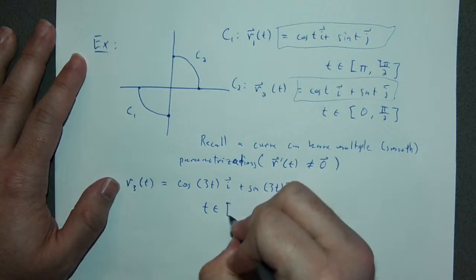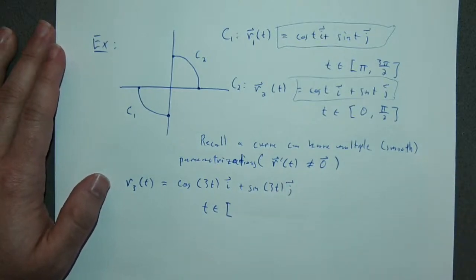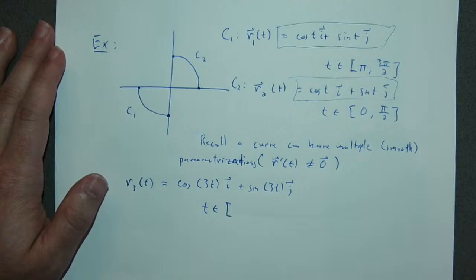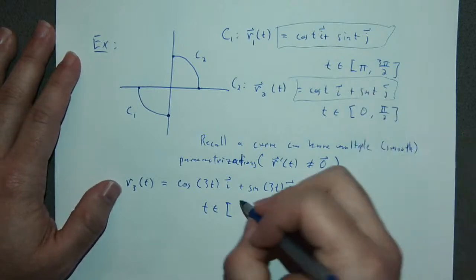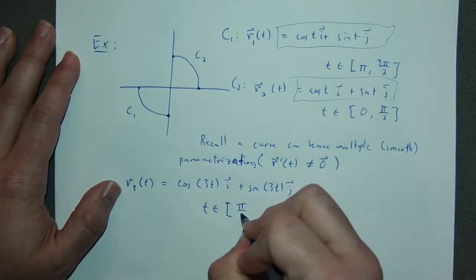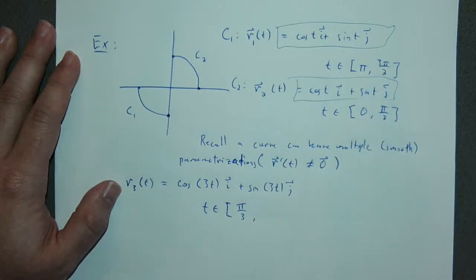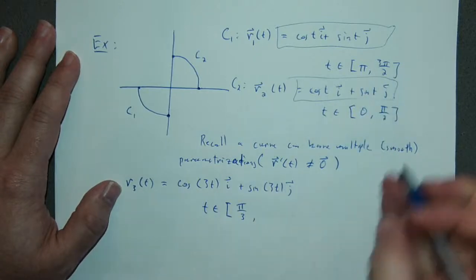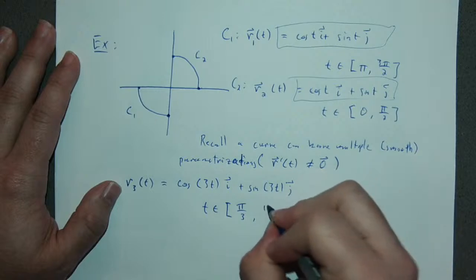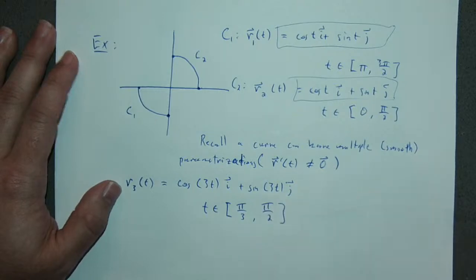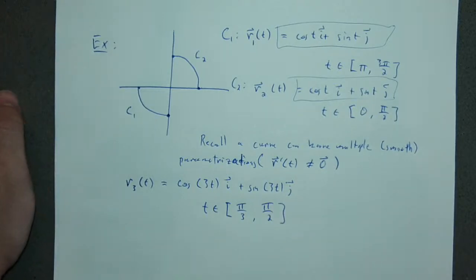That's the characterization we came up with here. And so what needs to happen here? To negate that, this window would be pi over 3 to pi over 2, right? Okay.